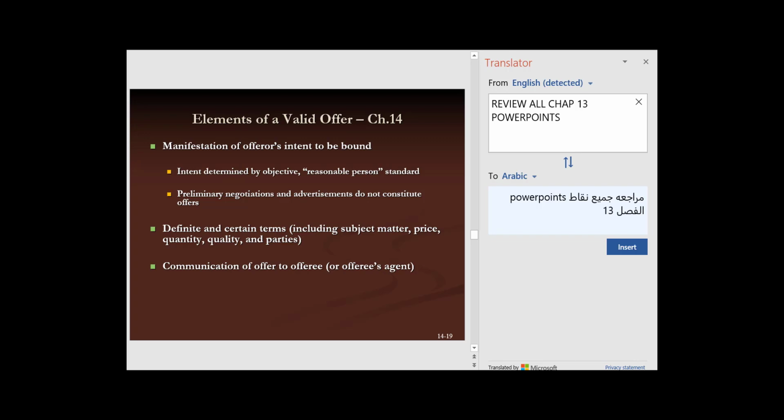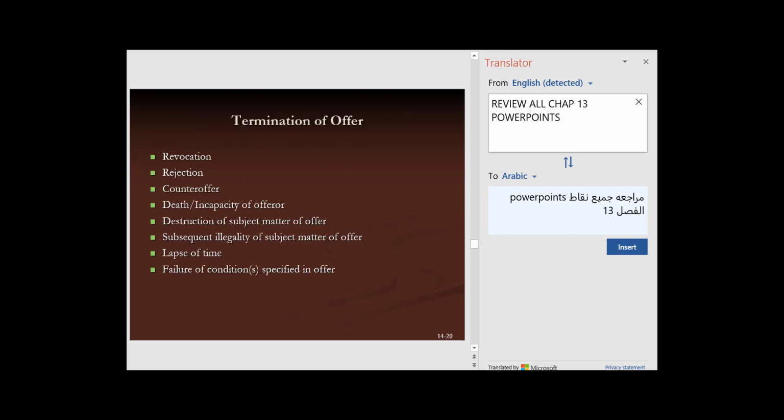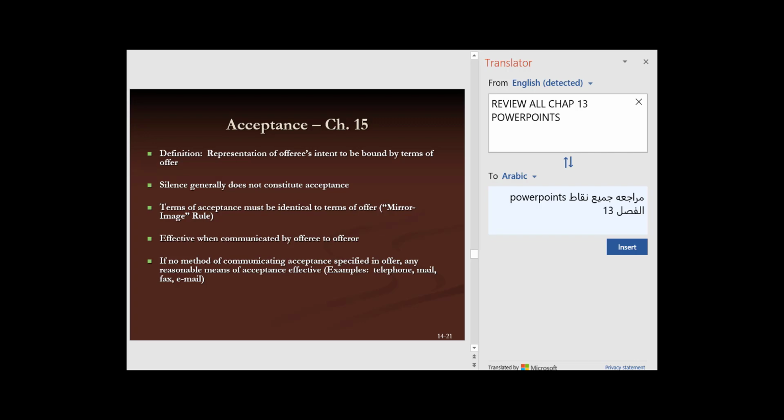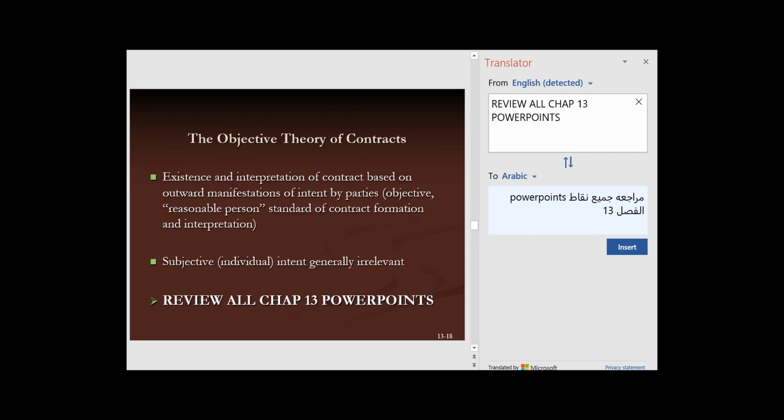How do we know we have a contract? This is also true and false: the objective theory of contract means we look at a situation to see if the parties knew what they were doing. The standard we use is the so-called reasonable person.